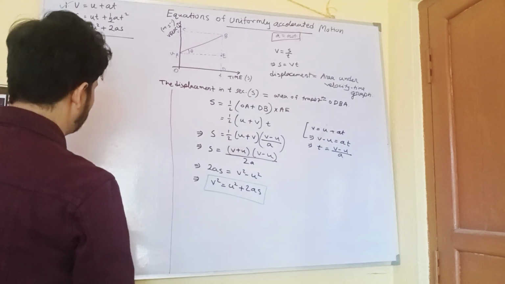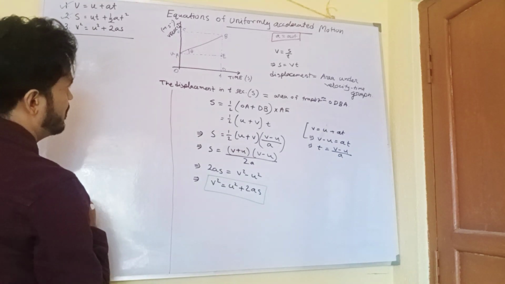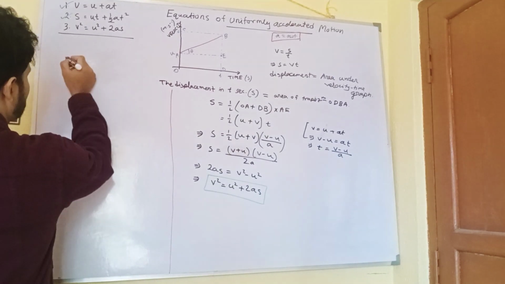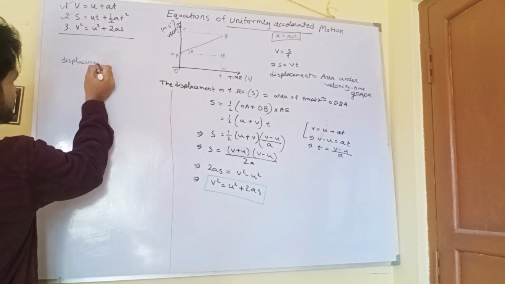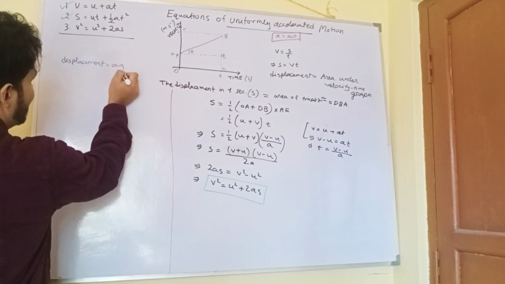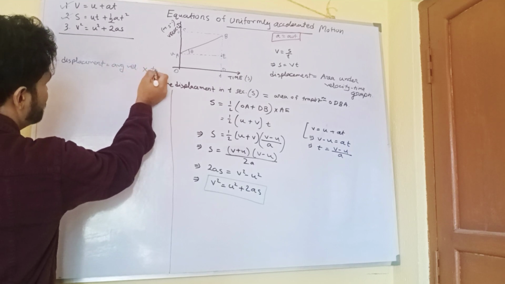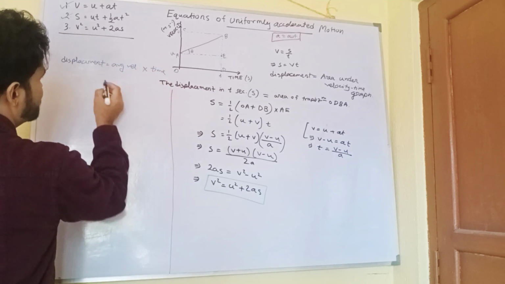So by using the definition of displacement, displacement is equal to average velocity into time. What is our average velocity?